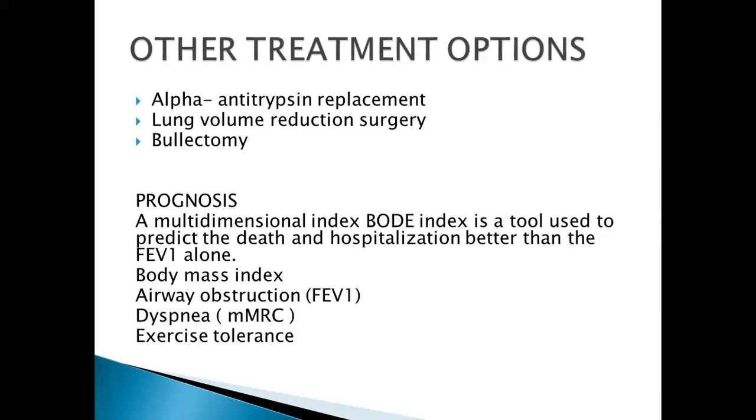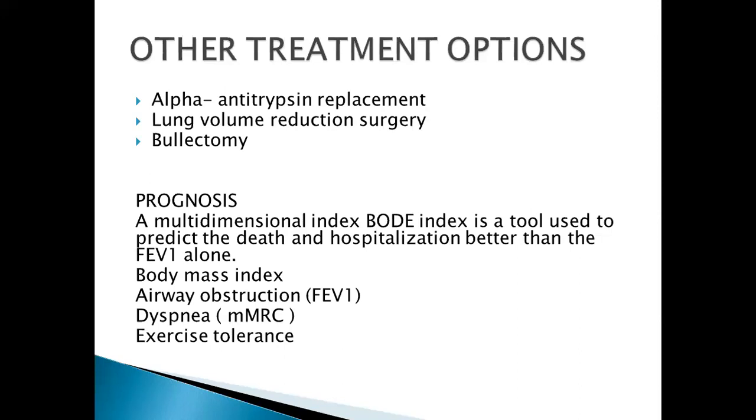Now, COPD is a progressive disease, so it's usually good to have an assessment or to make a prognosis of the disease. The index they use is what they call the BODE index, and it's used to predict death and hospitalization better than the forced expiratory volume picked up on spirometry.